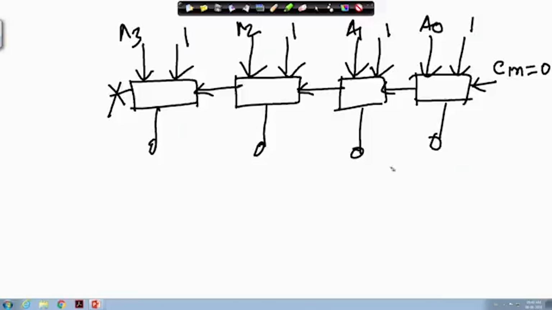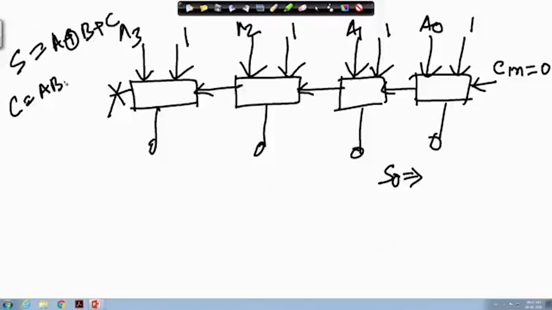Okay, now for S0, what will be the expression? We know that for any sum the expression is A XOR B XOR C, and for carry it is AB plus BC plus CA. So, for S0, what will be the value? A0 XOR 1 XOR 0.